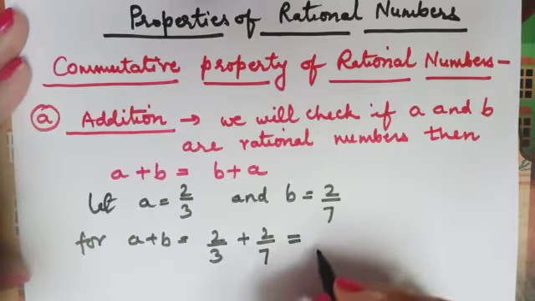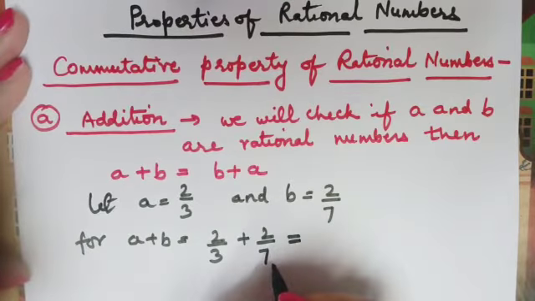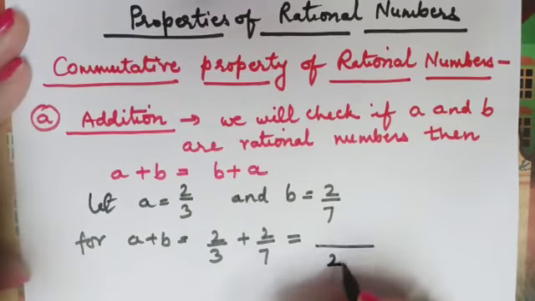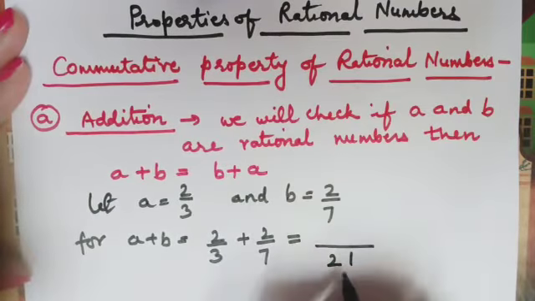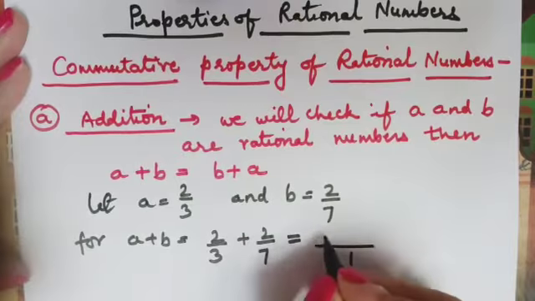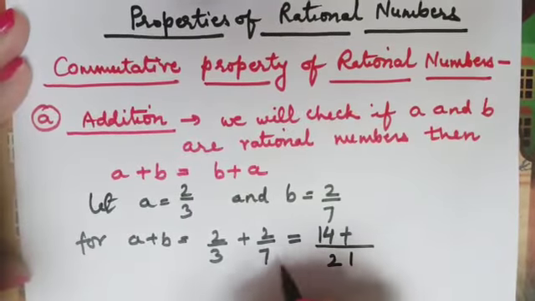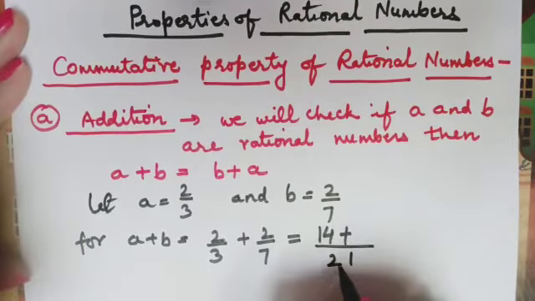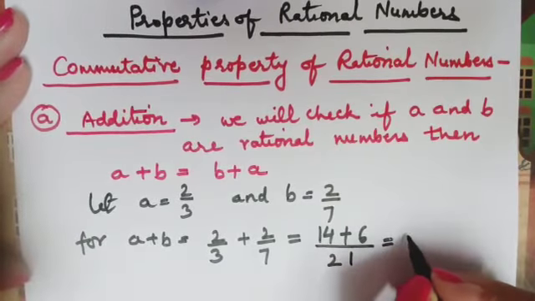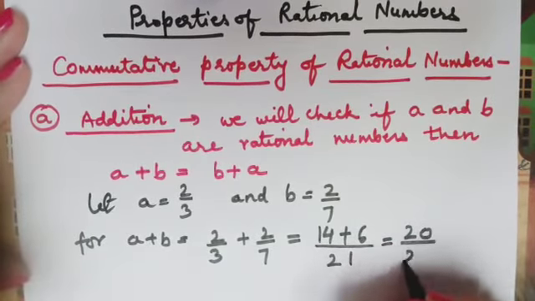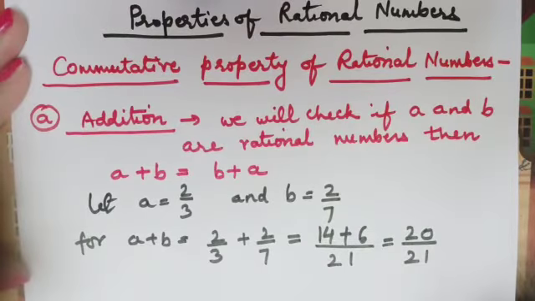We will take the LCM of 3 and 7. It will be 21. Now 3 7s are 21, 7 2s are 14, plus 7 3s are 21, and 3 into 2 is 6. It will become 20 upon 21.